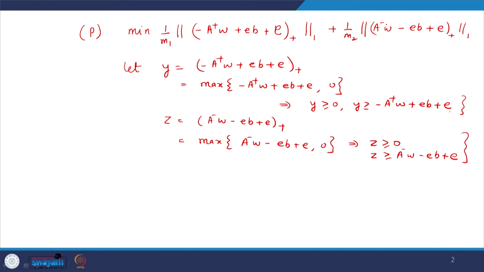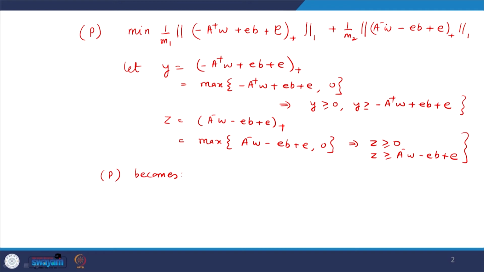Now, let us put y and z here in P. So, P becomes, if you put y here, it is nothing but the norm of y. And since y cannot be negative, because y is either 0 or positive from this, mod of y will be itself.